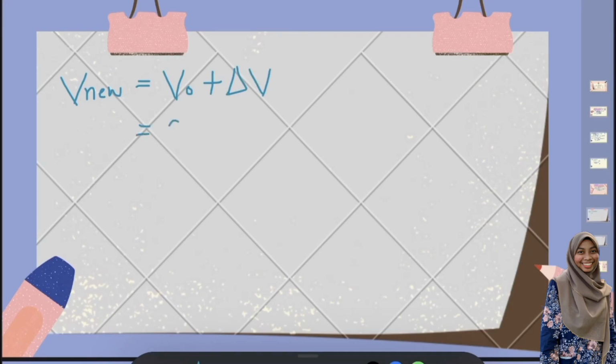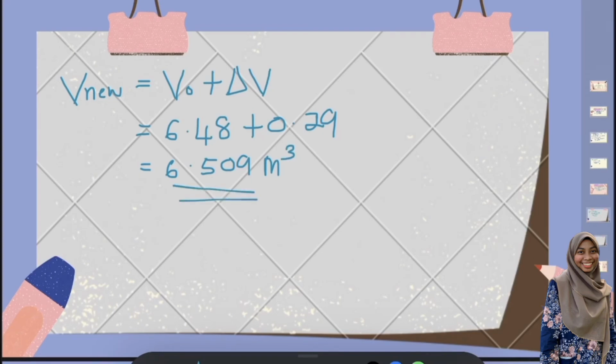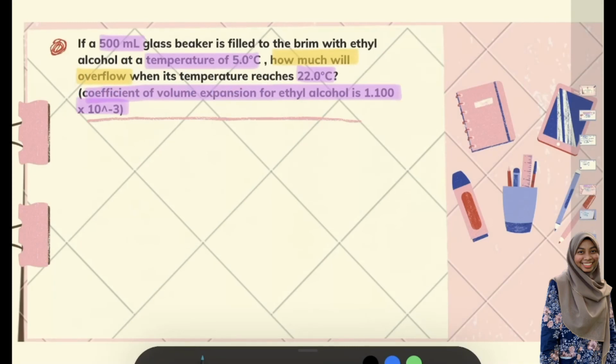So V naught just now is 6.48 plus change of volume is 0.29. Okay, so the answer is 6.509 meter cube. So this is the final answer. This is the last question.